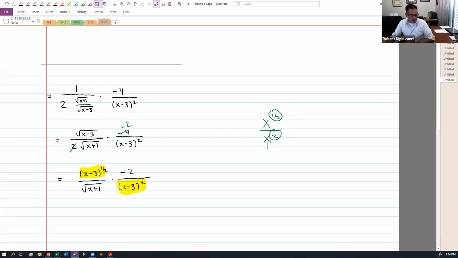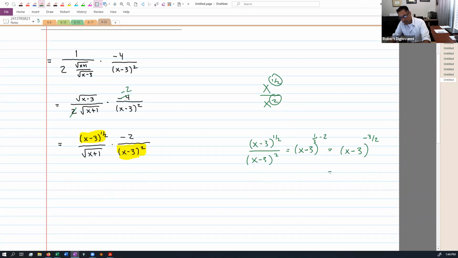So that's what I'm going to do here. On the side here, I need to do x minus 3 to the half over x minus 3 squared, which is x minus 3 to the 1/2 minus 2. Right, I'm just subtracting the exponents. That gives me x minus 3 to the... let's see, if you take a half and you take away 2, you should get -3 halves.